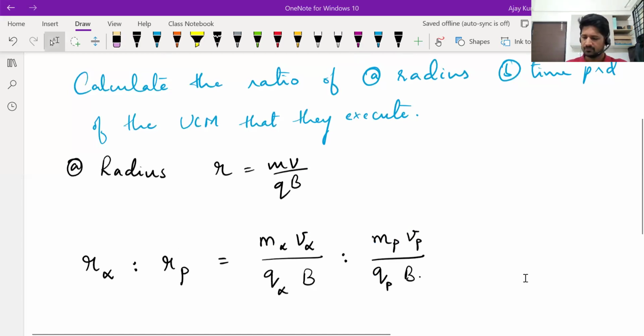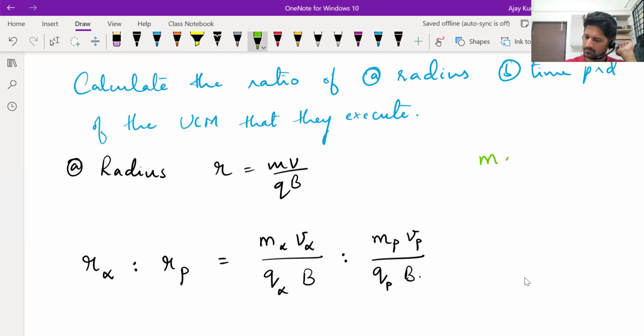Isha, can you tell me the ratio of the mass of an alpha particle to the mass of a proton? Anyone? What is the ratio of the mass of alpha particle to that of a proton? 4:1. See, an alpha particle has two protons and two neutrons inside it. And proton and neutron, their mass is almost the same.